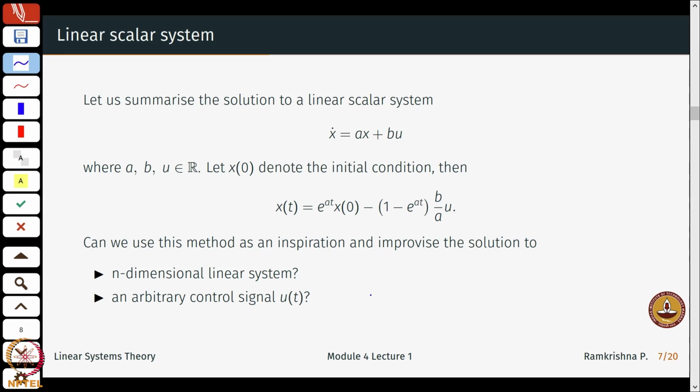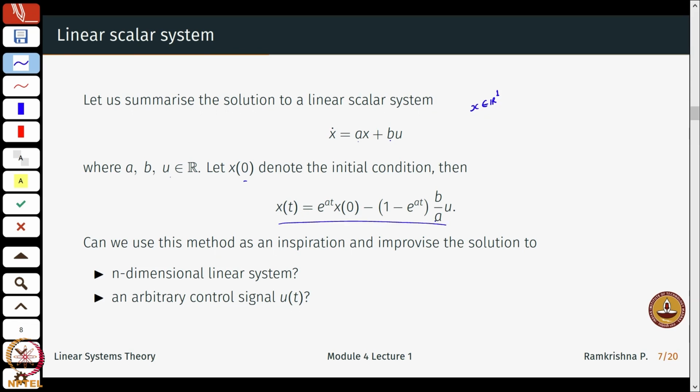Let us start building our case with a scalar system, where x is just in R, as opposed to an n dimensional state vector. Therefore, A and B will also be in R, u will be in R, and so on. So, if x of 0 is the initial condition, then the solution can be written in this way.